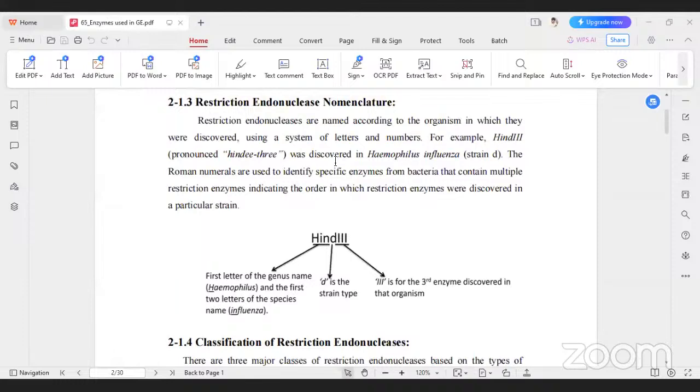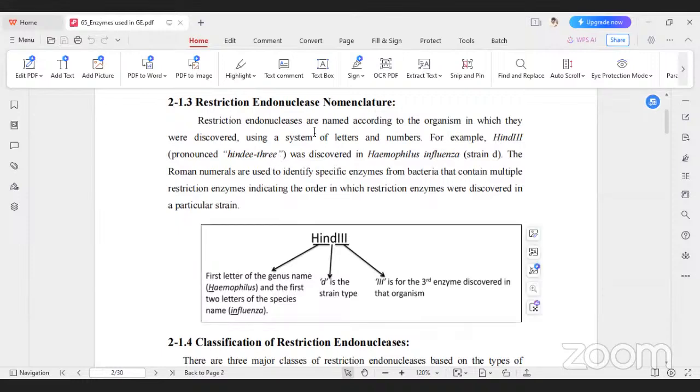In our book, EcoRI, but here HindIII. Restriction endonucleases are named according to the organism in which they were discovered, using a system of letters and numbers. For example, the second one, HindIII, pronounced Hind three, was discovered in Haemophilus influenzae.